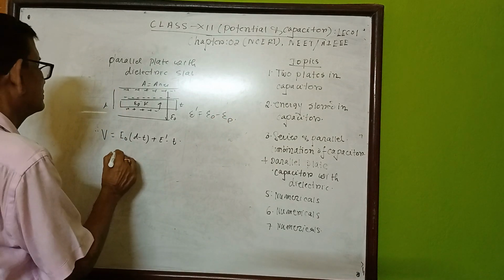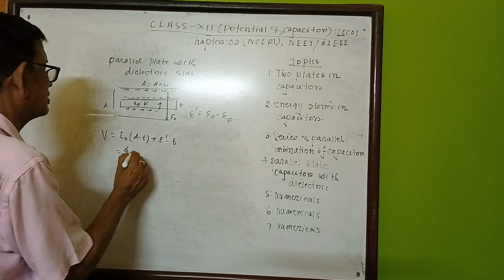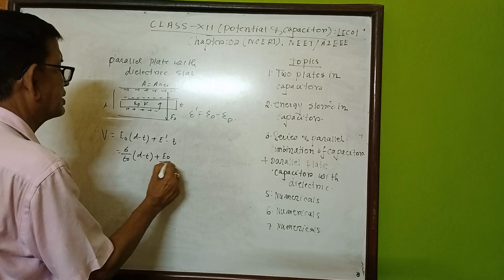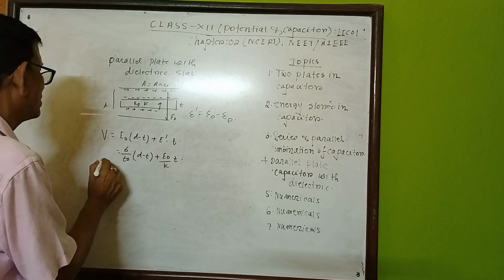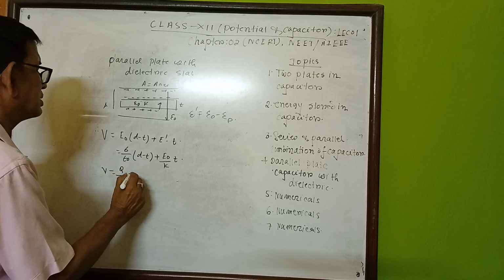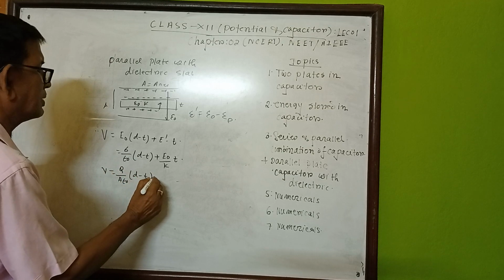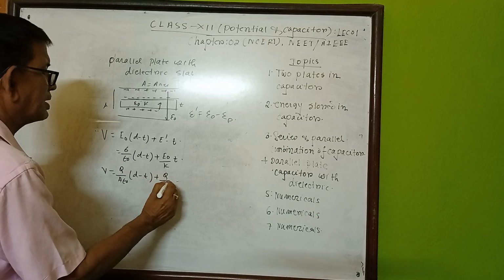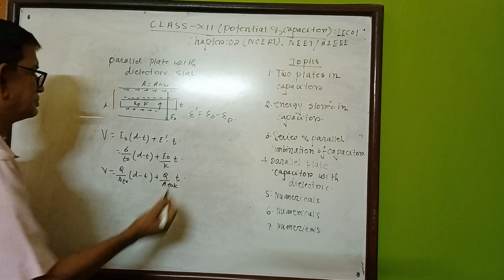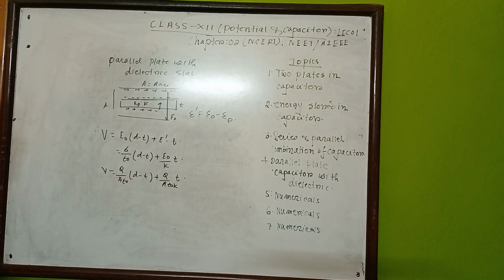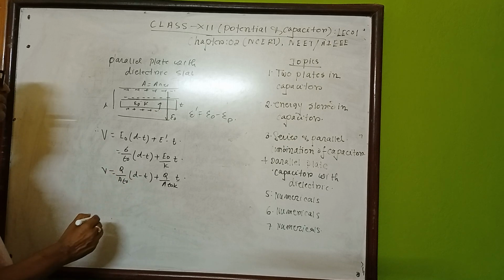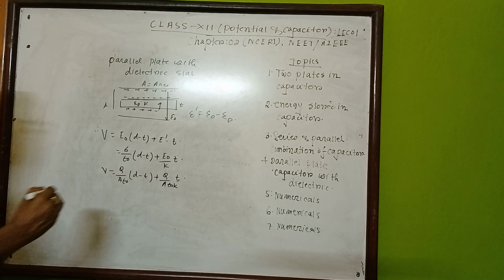So you are getting E0 equal to sigma by epsilon naught for D minus T. It is coming E0 by K for T. Now V equal to, we are getting Q by A epsilon naught into D minus T plus Q by A epsilon naught K into T. Now from that equation you can write, clear, what is the common?